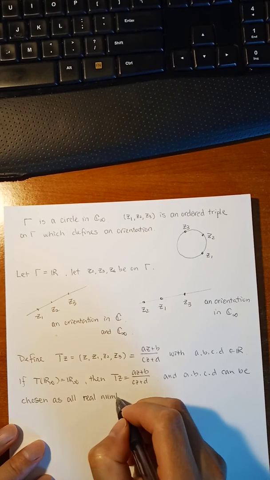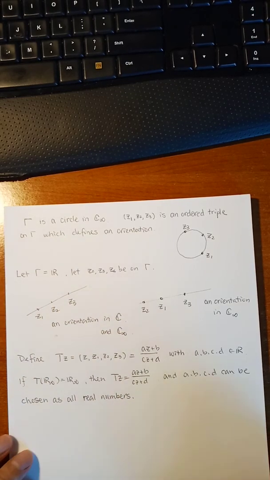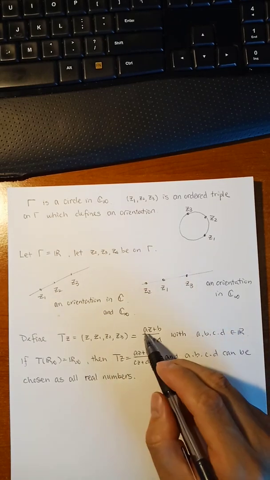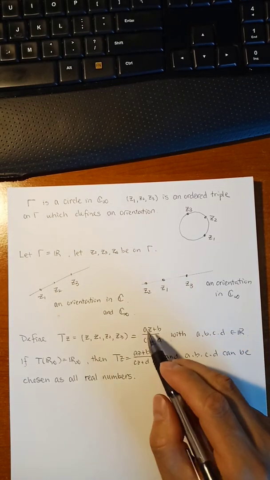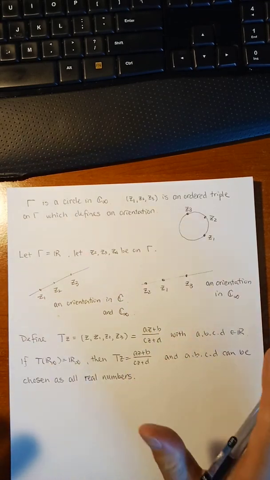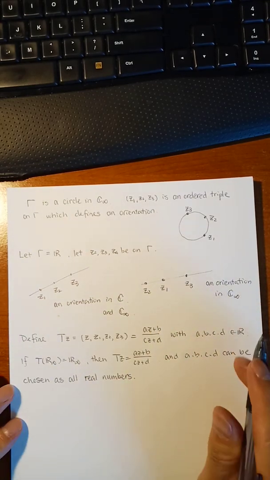Right? We did the proof about this. So either way, by this cross ratio, we get A, B, C, D are all real numbers. Remember that they are all real numbers.